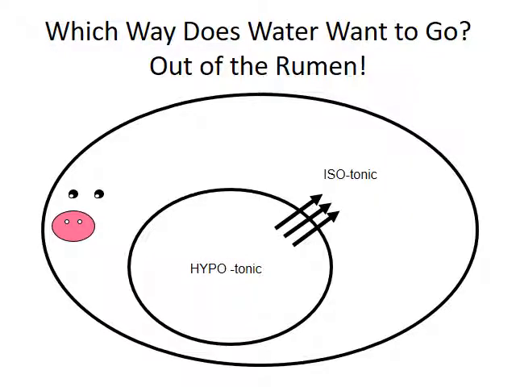The rumen is hypotonic. The blood is isotonic. So water is at a higher concentration in the rumen and wants to move out, but the rumen is designed with a layer that prevents this movement.